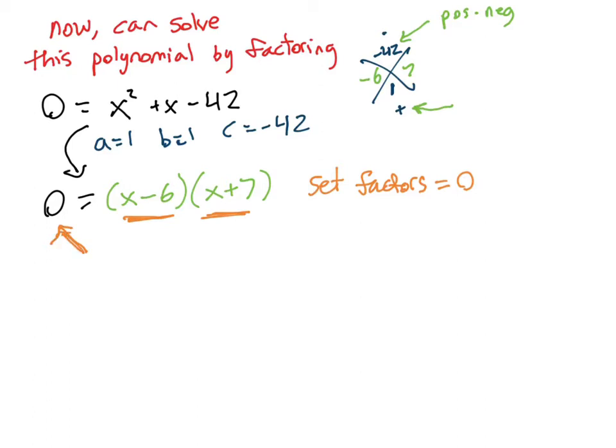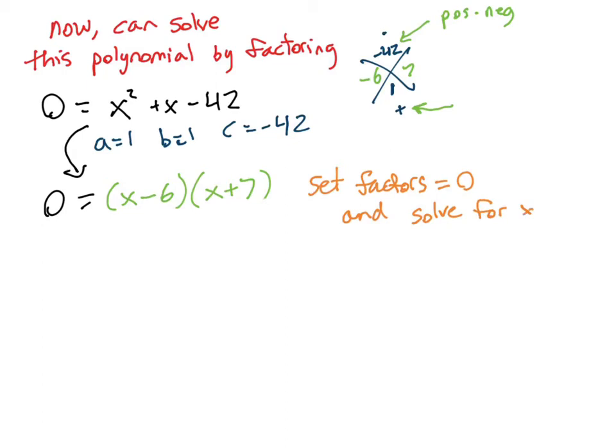And the only way that can be true is if one or both of these factors would have to equal 0. The only way to get 0 by multiplying two things together is 0 times something. So there are two possible answers here that could work for us, which we get by solving these two factors.